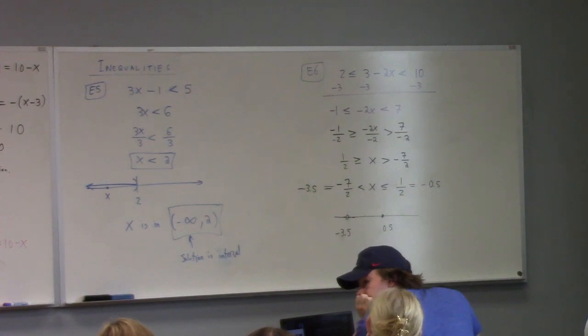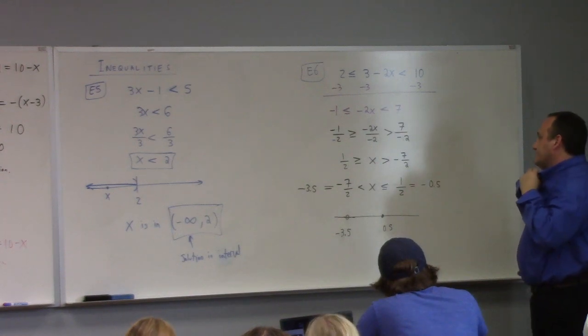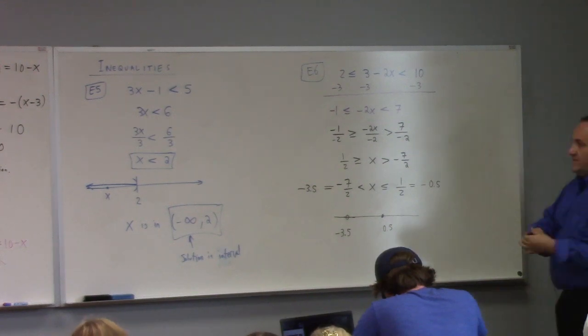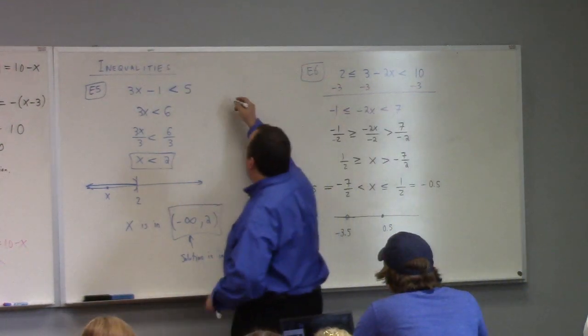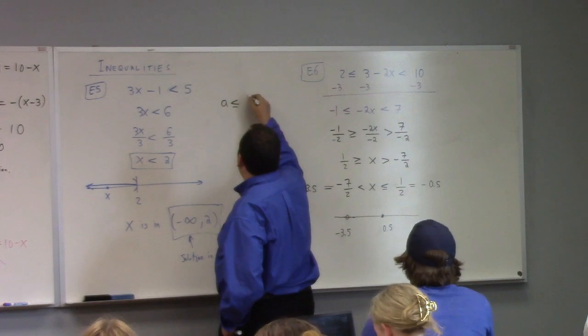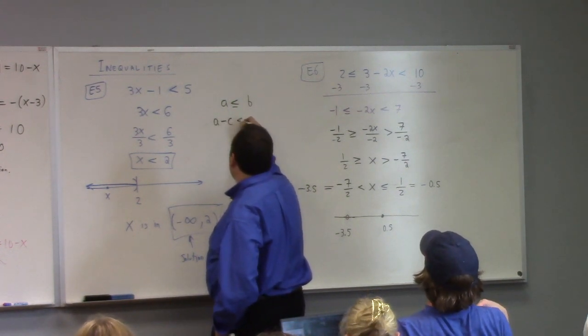So when you subtracted 3, so minus 3. Yep. So why did you subtract 3? What does that mean? Well, it's a property of inequalities. So if I have A is less than or equal to B, one of the properties of inequalities is that I can subtract C from both sides.